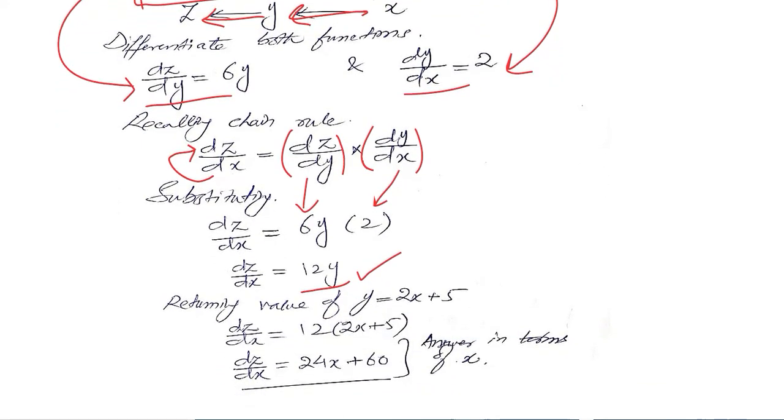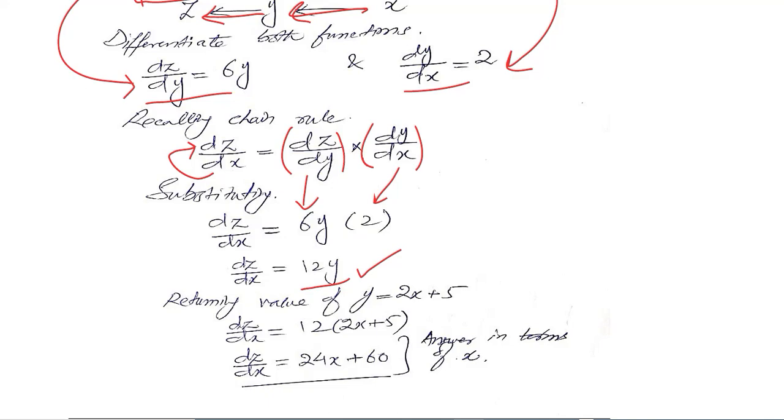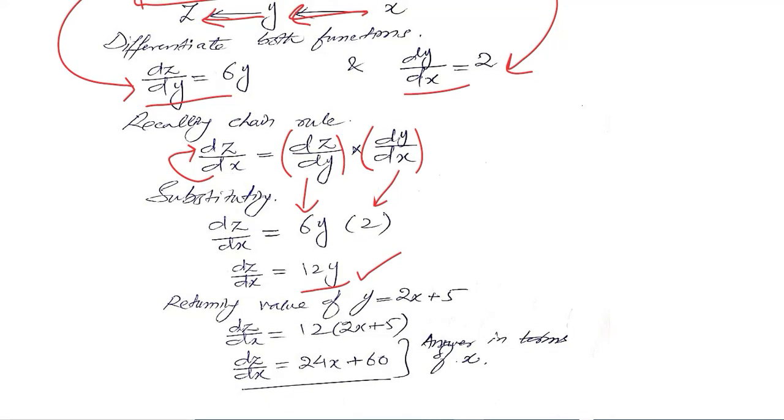However, there is something that we need to improve in this situation, because here we can see the effect of x is to be observed on z, whereas here the answer is in terms of y, which, as you remember, is just a helping variable and we don't need it as such.